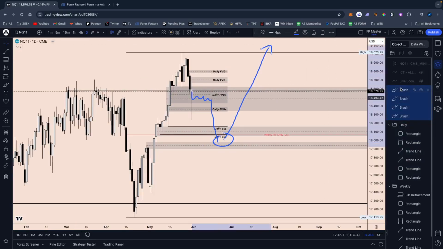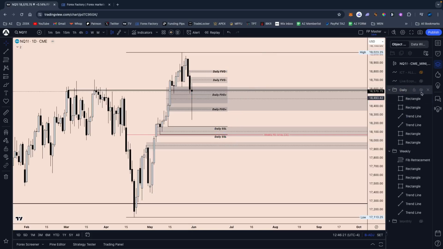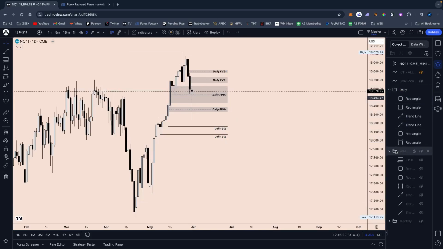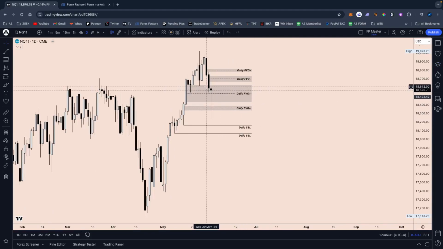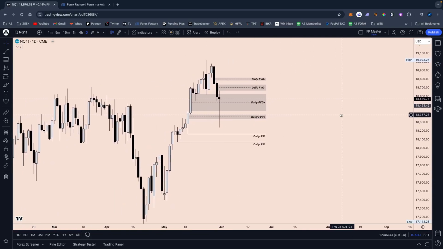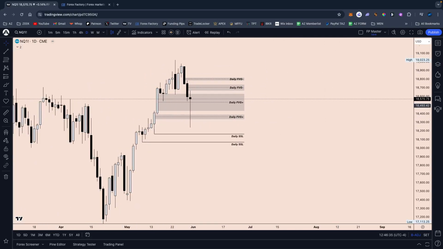Daily time frame. Let's remove that brush. Let's hide the weekly. Because we could potentially call this a daily break in structure. Higher high, higher low, higher high, higher low.